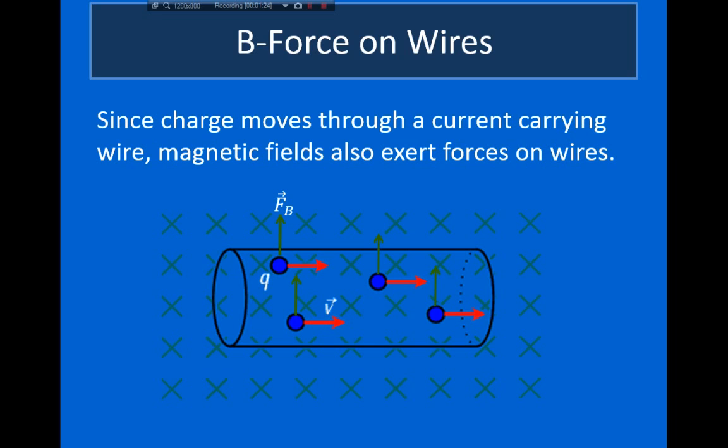So I want to orient my right hand so that the fingers point towards the right side of the screen, and when I curl them, they point into the screen. And when I orient my hand this way, I can see that my thumb is going to point towards the top of the screen. So each one of these charged particles in this wire has a magnetic force pointing towards the top of the screen. And as a result, the entire wire will feel a net force pointing upwards.